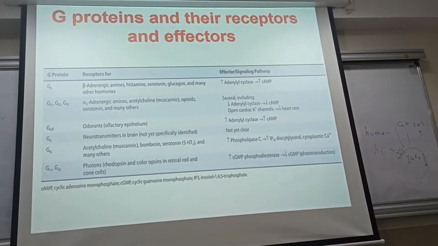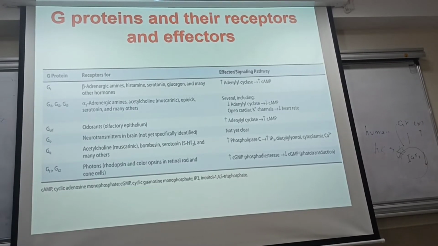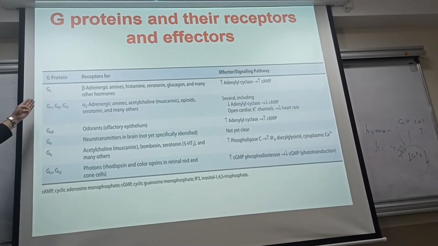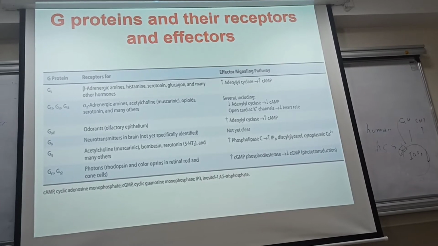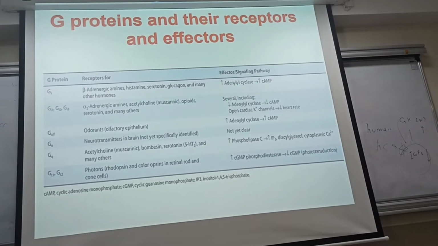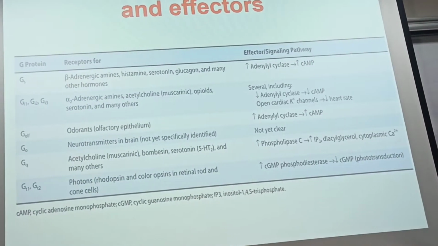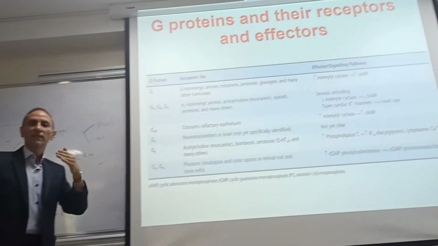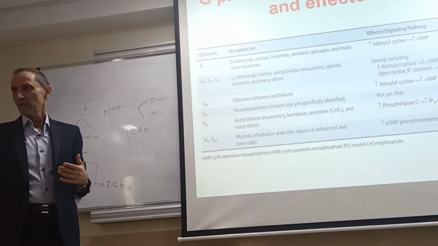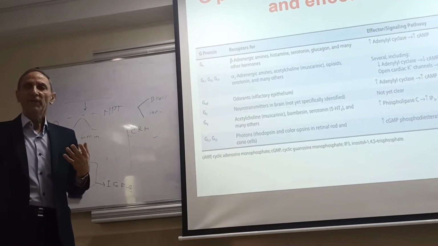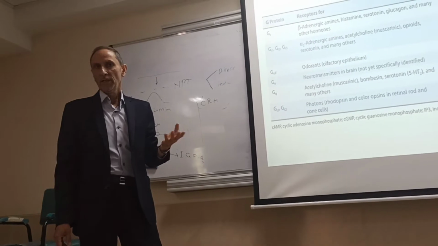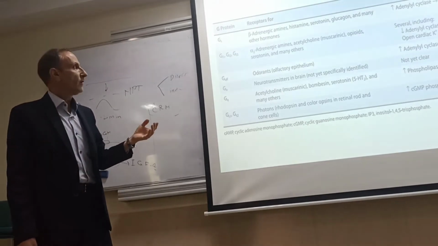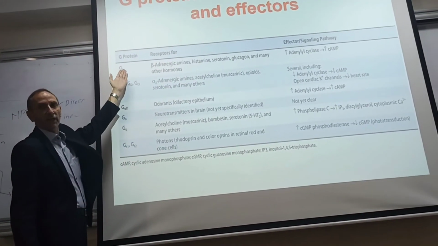Here you see that we have several forms of G proteins. Gs, S means stimulator. Some receptors are coupled with Gs. It means that they stimulate adenylyl cyclase. For example, for epinephrine or norepinephrine in the heart, we have beta-1 adrenergic receptors, and beta-1 adrenergic receptors are coupled with Gs.